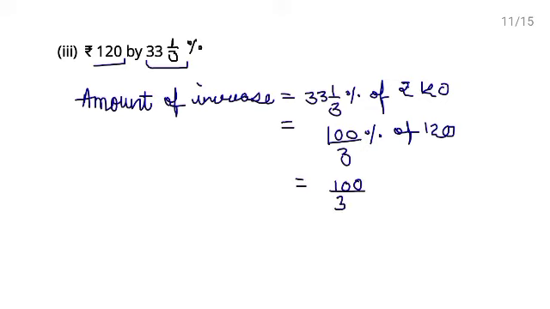Now 100/3% means 100/3 out of 100. When you will remove percent sign, there will be 100 in denominator. Multiply by 120 rupees. Zeros to zeros cancel out. 3 1s are 3, 3 4s are 12, 0. So here you are getting ₹40.